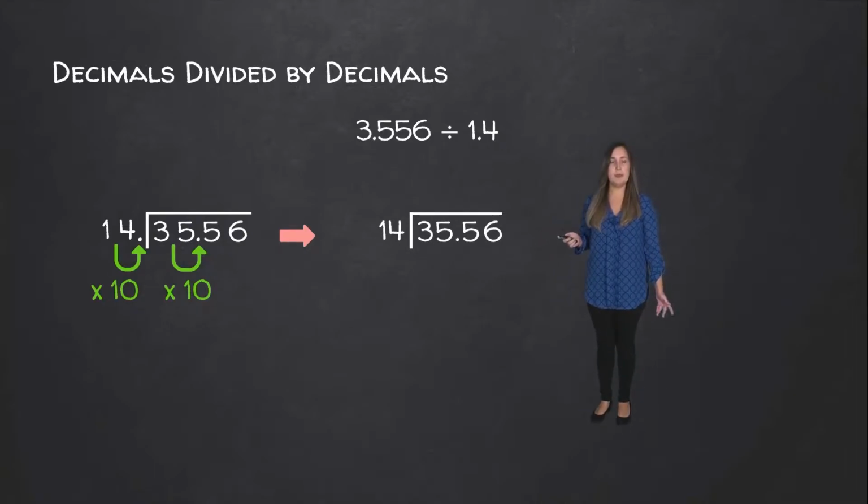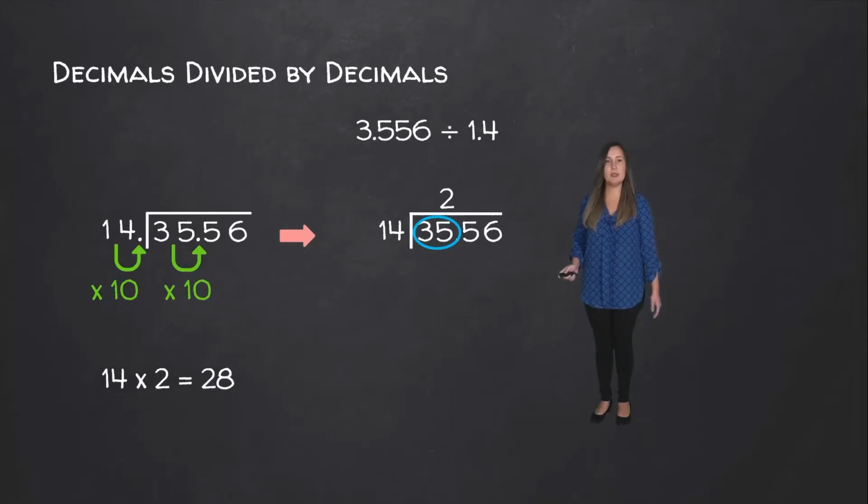So this means that 3 and 556 thousandths divided by 1 4/10 would give us the same thing as 35 and 56 hundredths divided by 14. So we just go ahead and divide normally. So 14 does not go into 3. But it does go into 35 2 times, and that's because 14 times 2 is equal to 28.